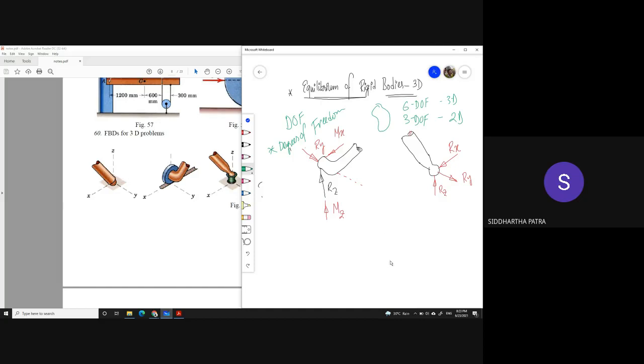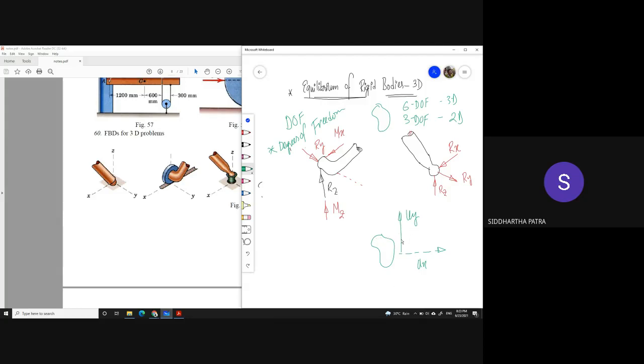So a rigid body in 2D can move independently in the x direction, and whether or not it moves a certain amount ux in the x direction, independent of that, it can move an amount of uy in the y direction if it is completely free.